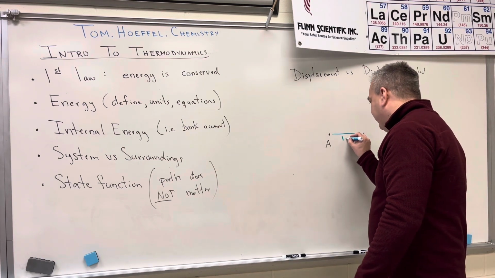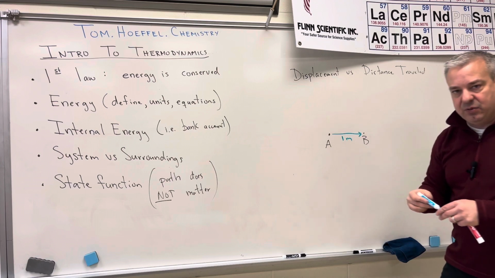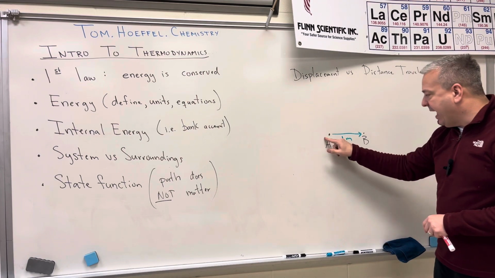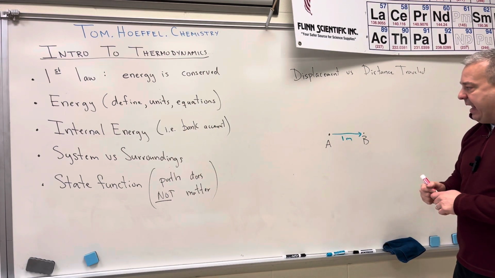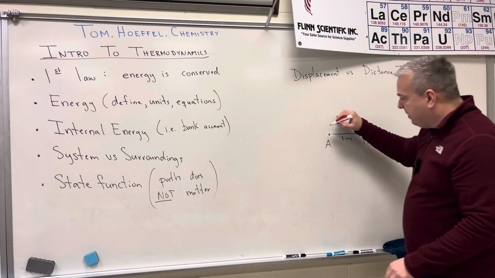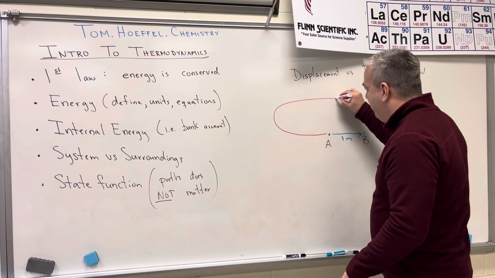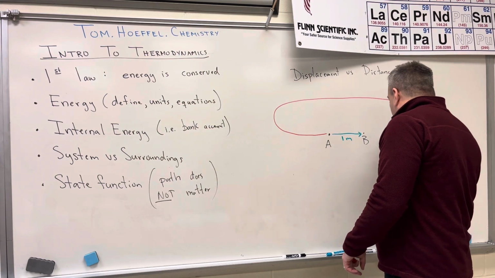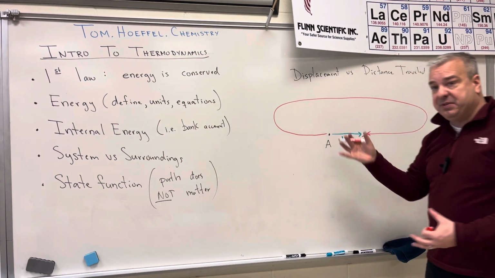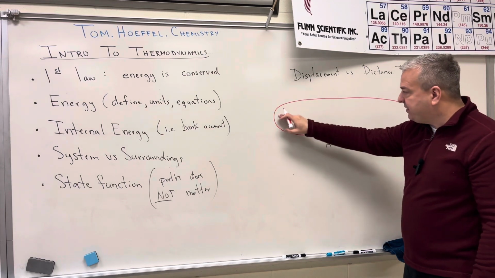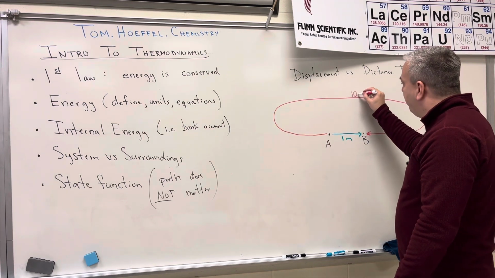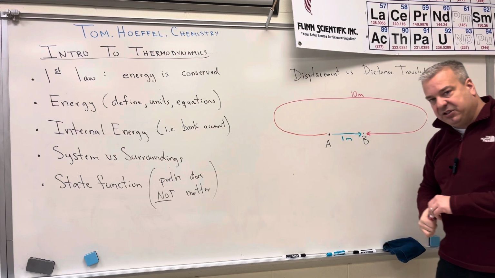And let's say that distance there is 1 meter between A and B. However, scenario two is going to be a different situation. It's where the person's going to walk this way and then maybe all the way around. But they do end up at position B. Now, when they did this, maybe they took about 10 meters to do that.